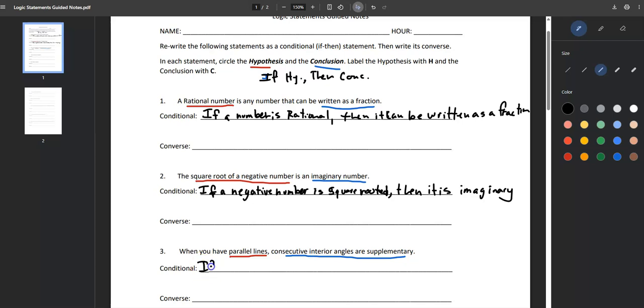Again, I start with if, and then I put lines are parallel, and then we go then consecutive interior angles are supplementary.